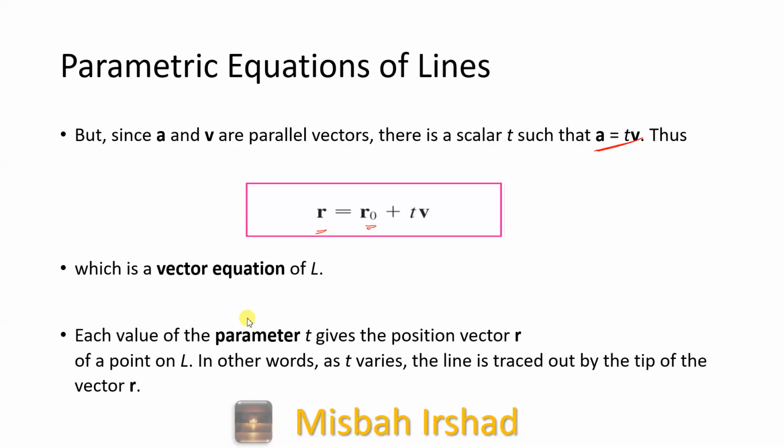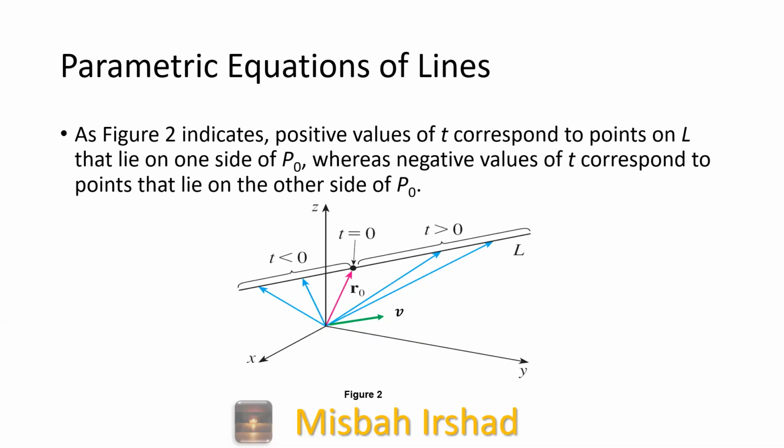And t is called the parameter. So each value of the parameter t gives the position vector r of a point on the line. In other words, as t varies, the line is traced out by the tip of the vector r.